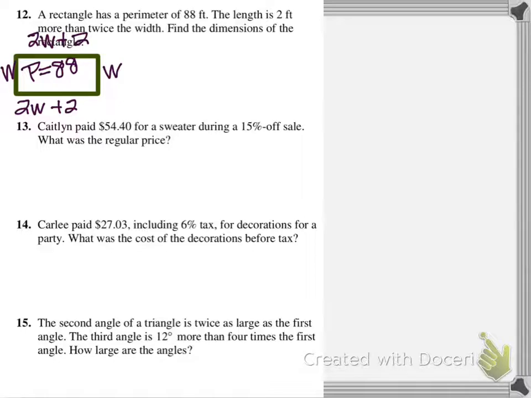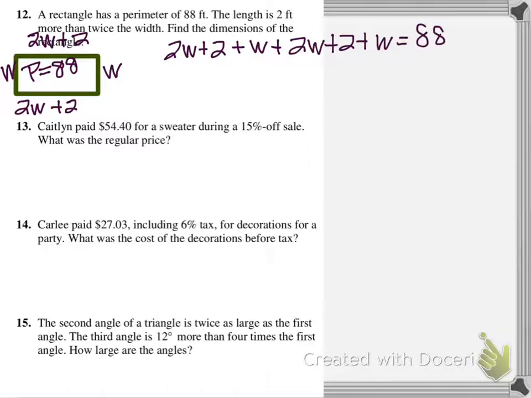Perimeter means to add all the way around. So I need to add 2W plus 2. There's one of my lengths. Then I can throw in a width, throw in the other length, throw in the other width, totals 88.